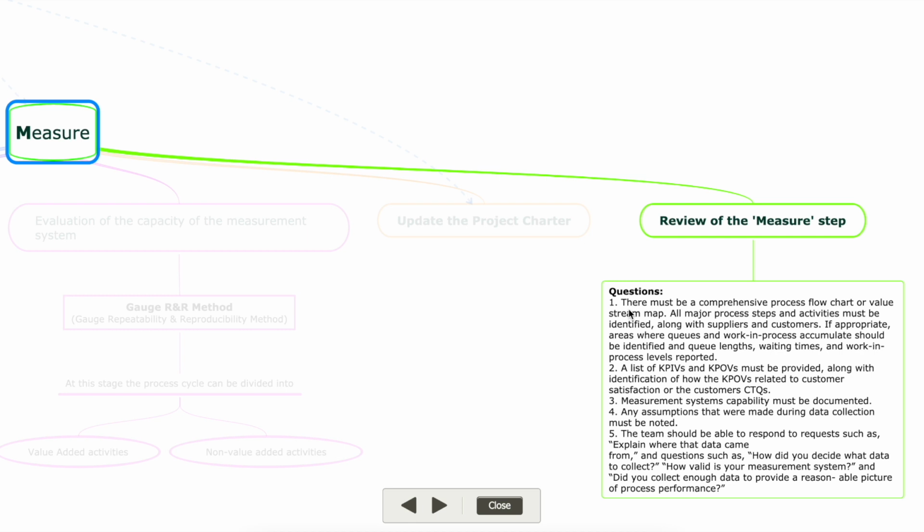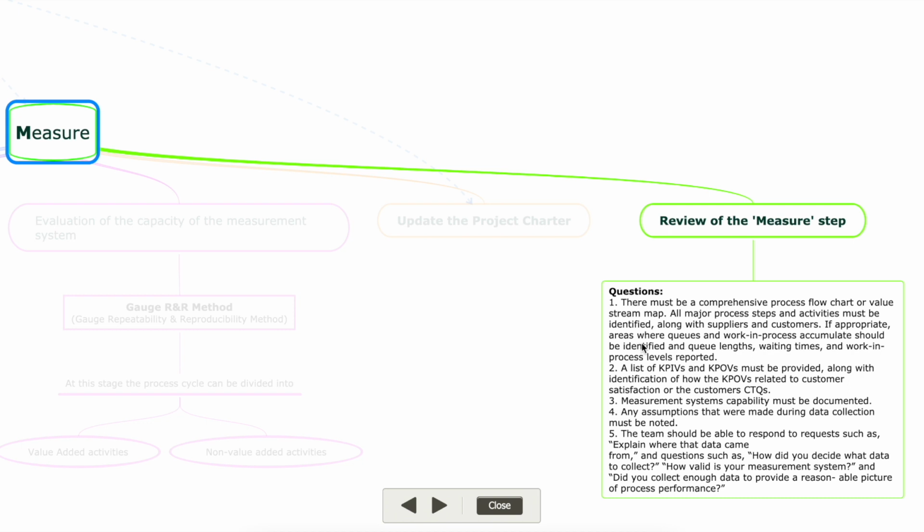whether all the objectives of this step have been achieved or not. So in these questions, the first question is, there must be a comprehensive flow chart or value stream map. All major steps and activities must be identified along with suppliers and customers.